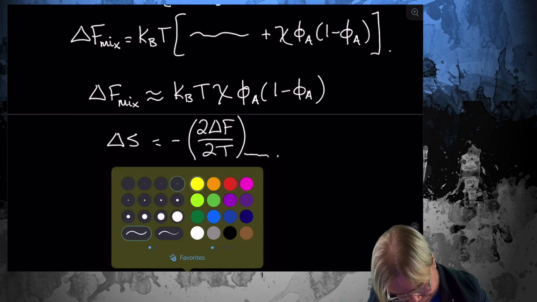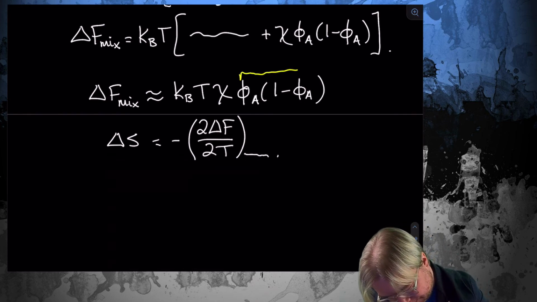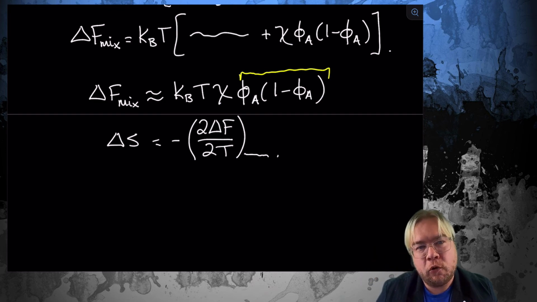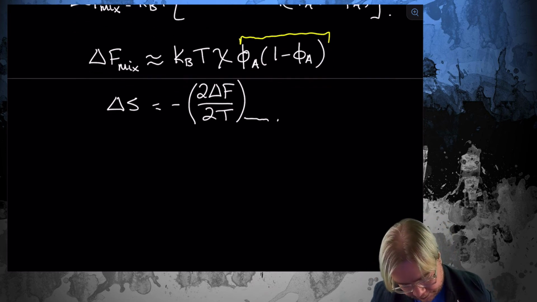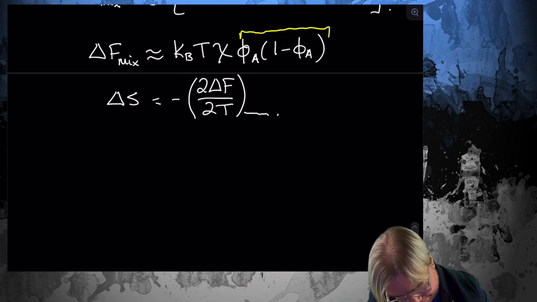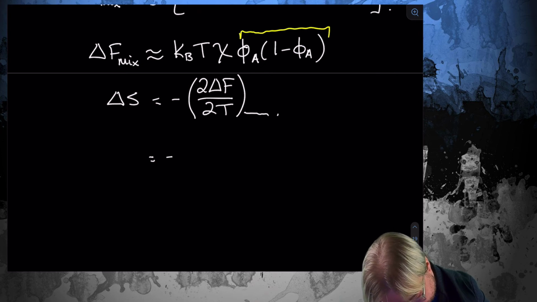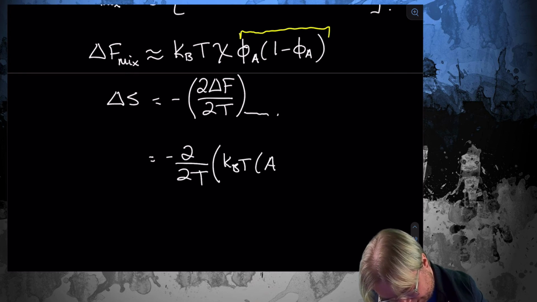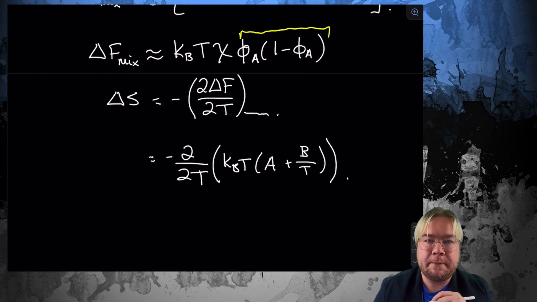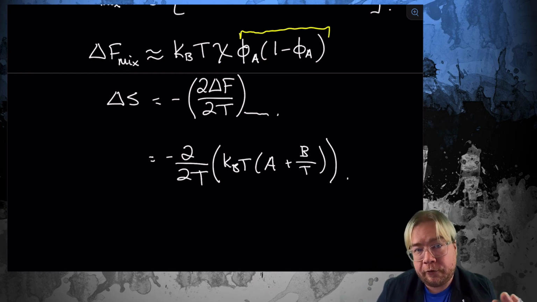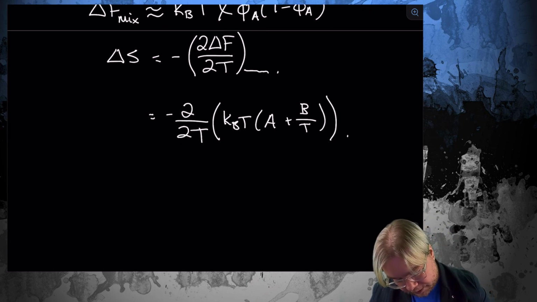And actually, if this is everything but temperature, let's just ignore that volume fraction term for a second. And we could see that for the entropic part, we would have that the entropy would be minus the derivative with respect to temperature of kBT times A plus B over T. And so I can multiply through by temperature.